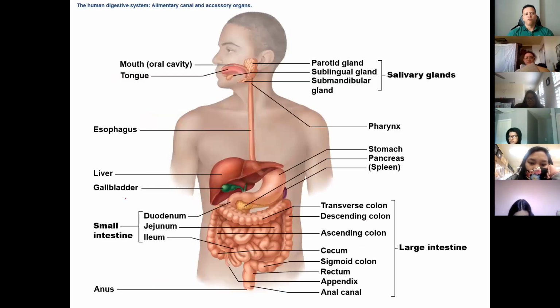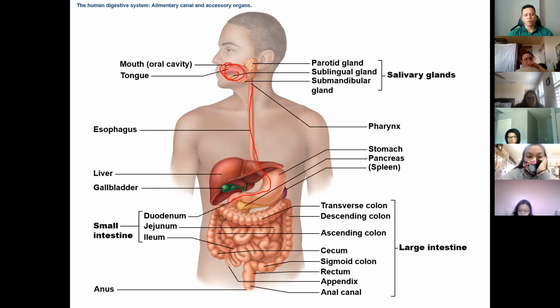Here we have just an overall view of the digestive system and the alimentary canal, and also some of the assistant organs. So we have our mouth, which is the oral cavity with the tongue and the teeth and the salivary glands. We have the pharynx, and remember, only 2 of the 3 pharynx regions are part of the digestive system, only the oral pharynx and the laryngeal pharynx. Then we have the esophagus, stomach, small intestine, and we're going to see we have 3 sections of the small intestine.